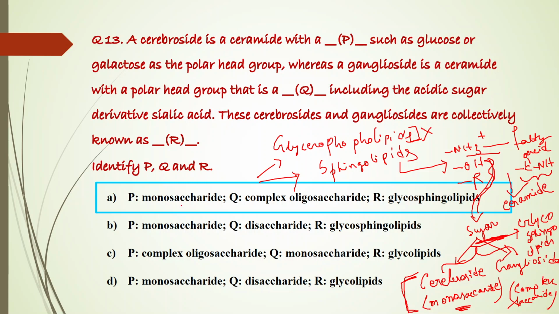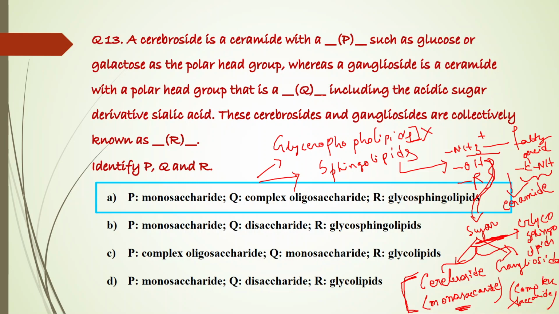So yes, P was monosaccharide. Coming to the next part, whereas a ganglioside is a ceramide with a polar head group, that is a complex oligosaccharide. That I have written here, ganglioside, when we attach some complex sugar molecule or complex oligosaccharide.